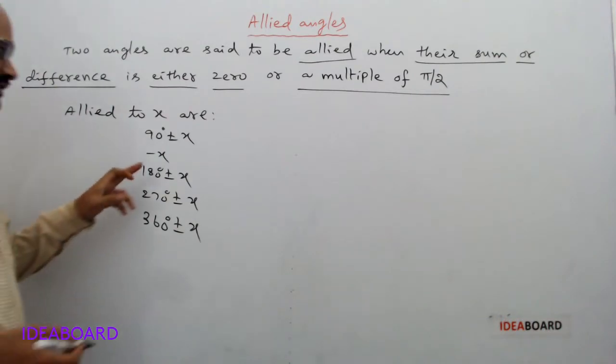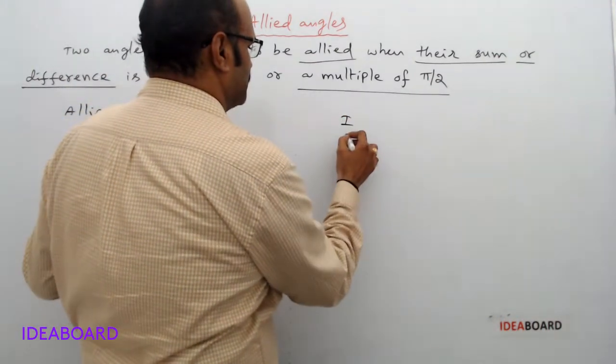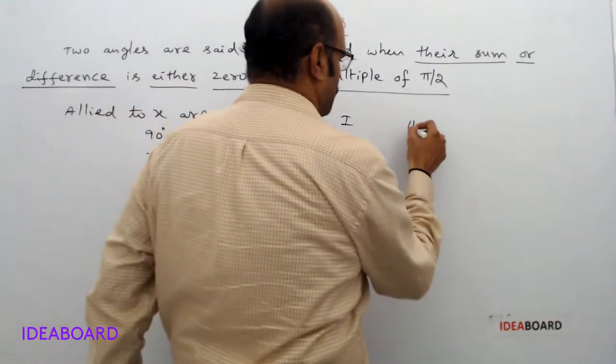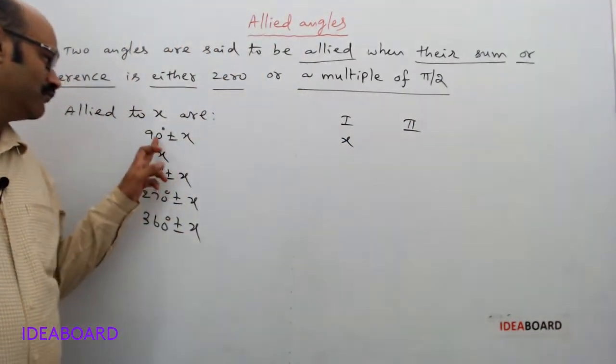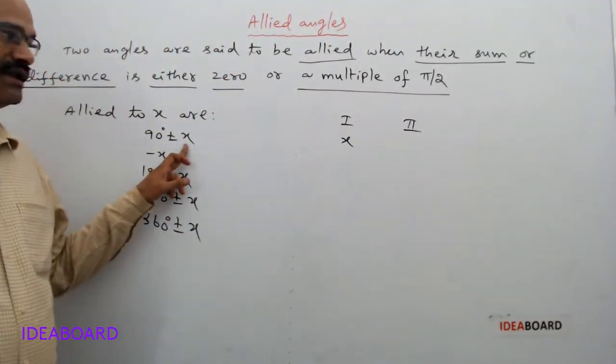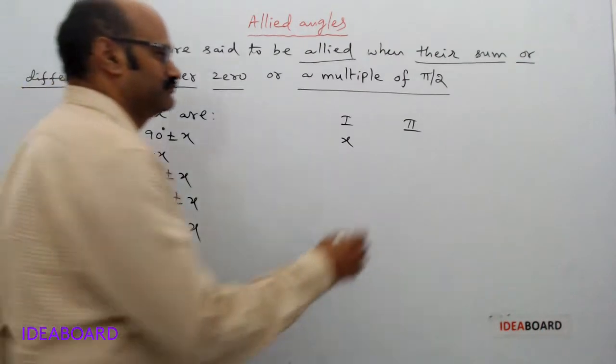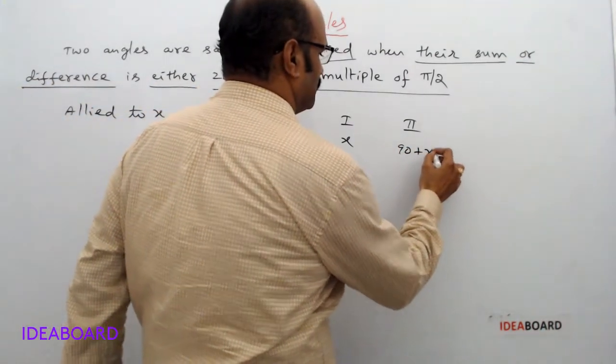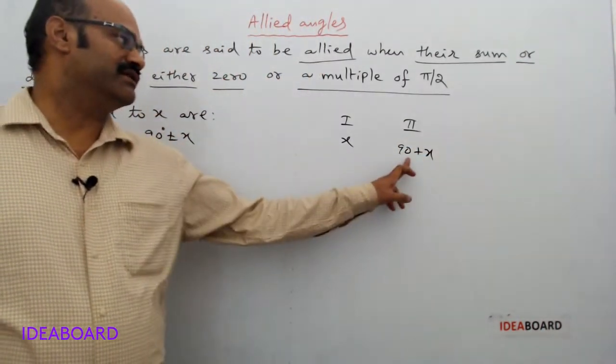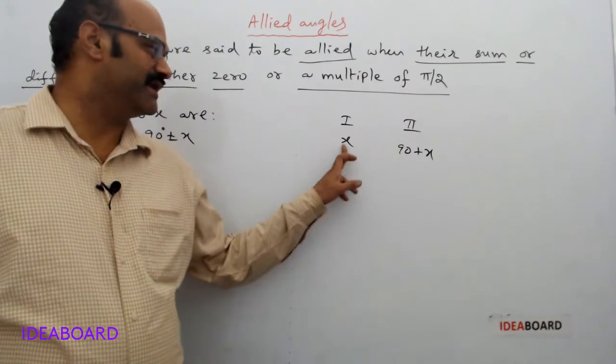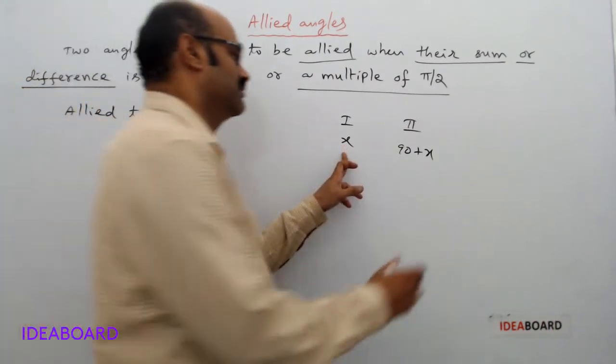Now let us take angle x here. Second one, we take 90 plus x. Take the difference of these two: 90 plus x minus x equal to 90.